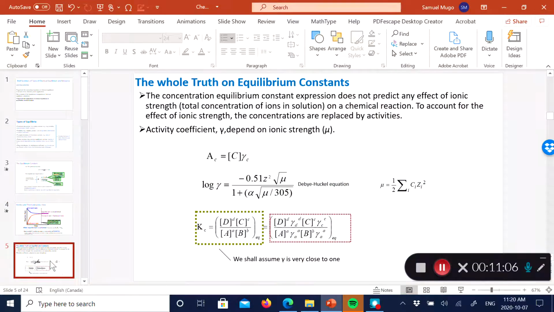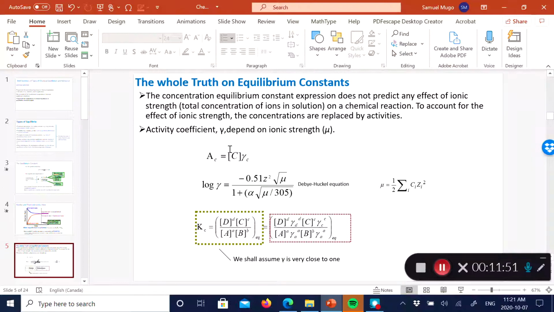Now, the equilibrium constant, based on the way we calculated it before, the concentration of the products raised to their stoichiometry divided by the concentration of the reactants raised to their stoichiometry, is actually an approximation. It's not completely true. Ideally, the equilibrium constant should be calculated as follows, where the K, or the equilibrium constant, is equal to the activity of the products raised to their stoichiometry divided by the activities of the reactants raised to their stoichiometry.